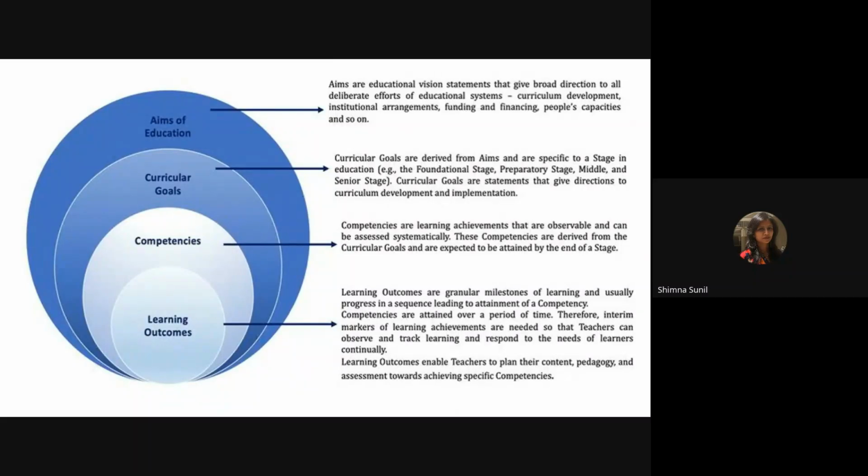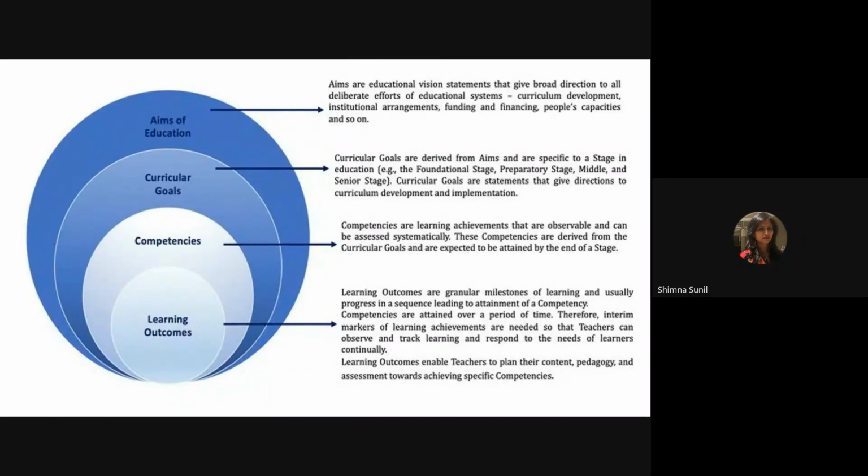For that, the child should learn the debating skill. If the child learns the debating skill, the child will learn communication skill. And when the child learns communication skill, the child becomes a self-independent, autonomous learner. So this is how the NEP basically works.